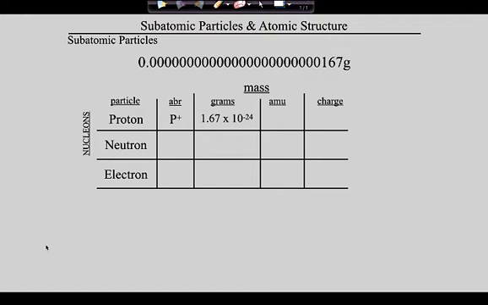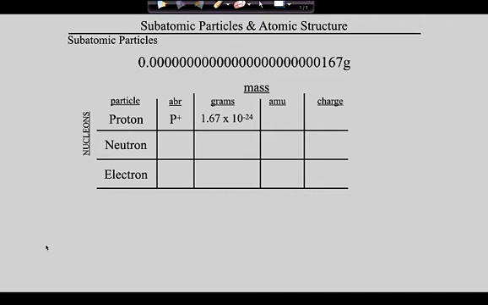But here's the problem. This number is a pain to write down, right? So here's what some smart scientists did. They said, if we need to know the mass of a proton, and we do, why don't we figure out another unit of mass that makes this easier? They created another unit of mass called the AMU, or atomic mass unit. You may want to write that above this.